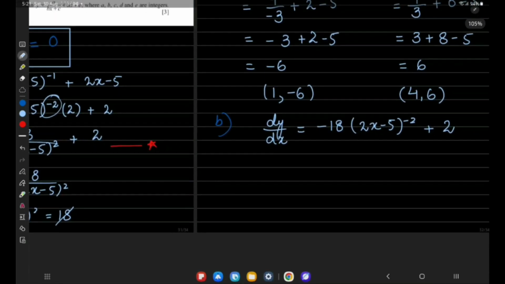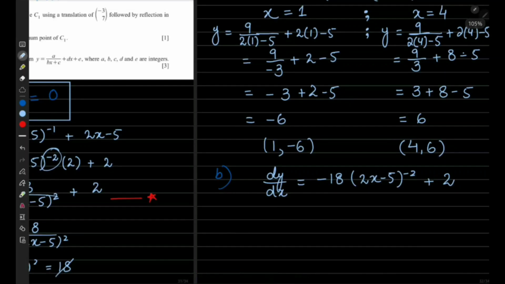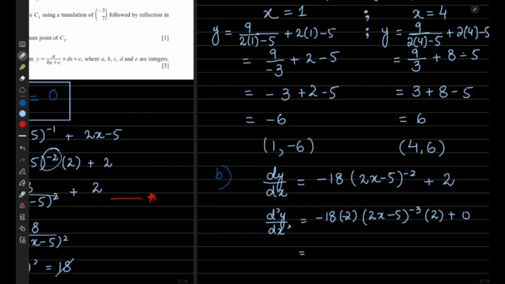Okay. Now differentiating this, d squared y over dx squared gives you a times x to the n minus 1 times 2. 18 times 2 is 36.